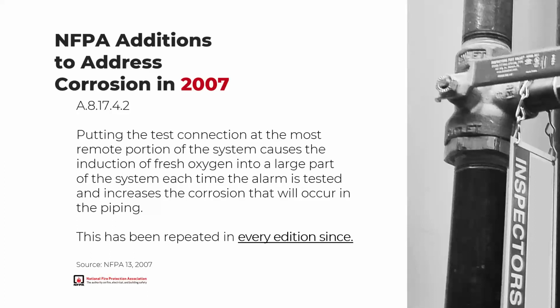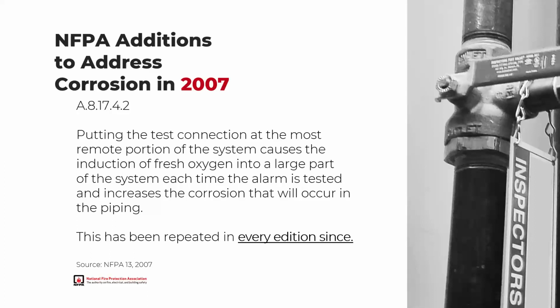One of the first changes was the relocation allowance, that the remote inspector's test valve could be relocated back to the inbound water supply as long as it's downstream of a flow switch, so as to not introduce new air into the system when the inspector's test valve is activated.